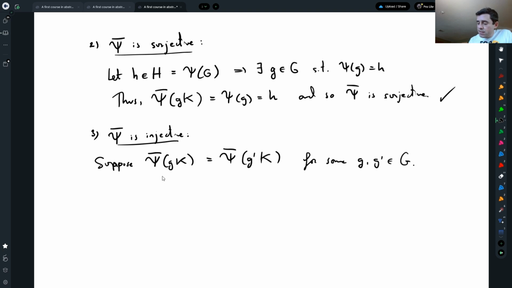Okay, this is by definition psi of g, and this is by definition psi of g prime.